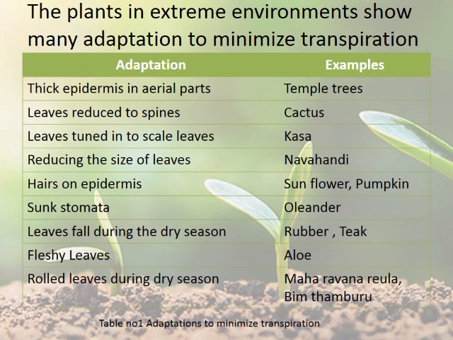Okay, here in this table we'll explain these adaptations with examples. The first one is a thick epidermis in aerial parts. Epidermis is the outer cover of the leaf. When it gets thick, it reduces transpiration. The example is temple tree. As I told earlier, transpiration mostly occurs through leaves as the main aerial part.